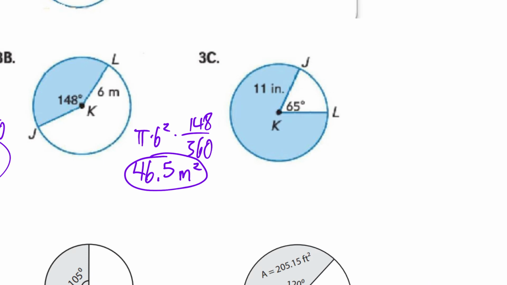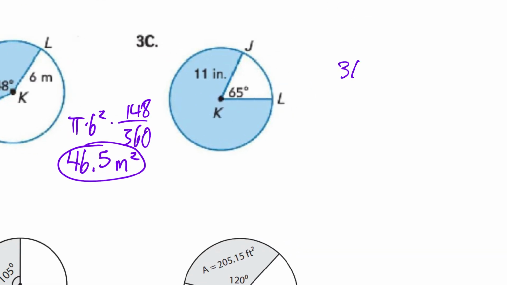Now on this one, the 65 degrees, you have to pay attention. The 65 degrees is the central angle of the unshaded part, but I'm looking for the area of the shaded part. So what do I need to do to find this angle? Good. 360 total degrees, so I'm going to do 360 minus 65, which gives you 295. So the angle of the shaded part is 295 degrees.